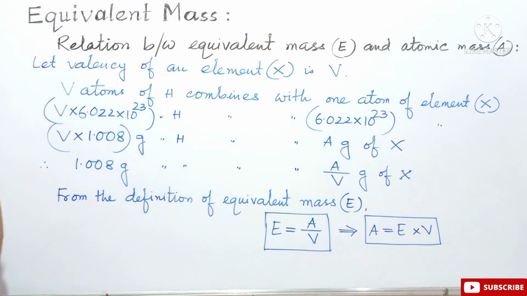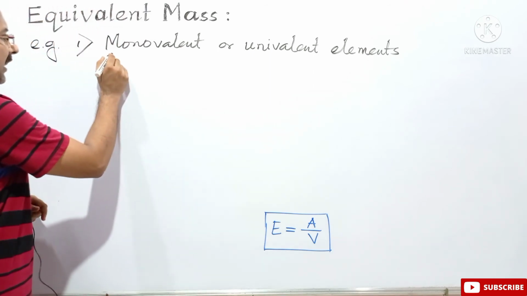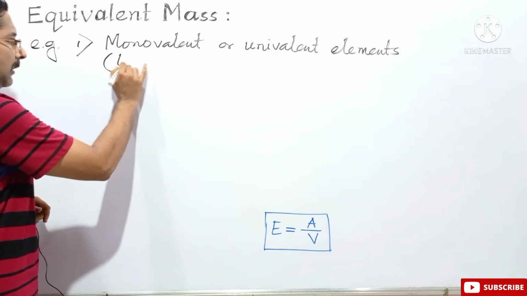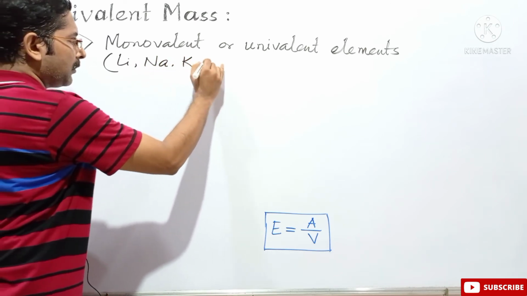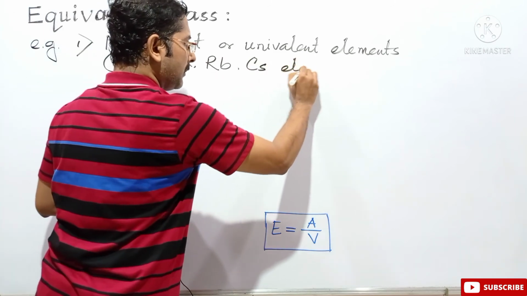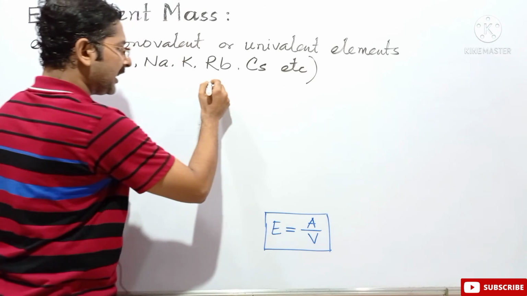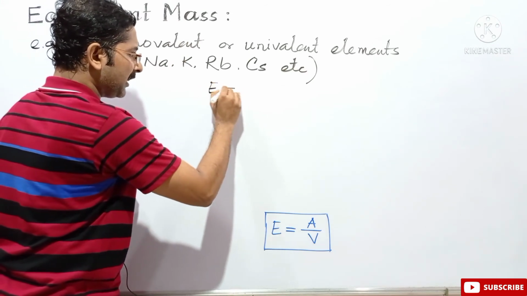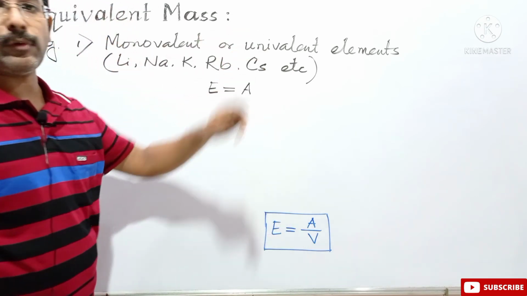Let's see some examples. For monovalent or univalent elements like alkali metals, lithium, sodium, potassium, rubidium, cesium, etc., we can write equivalent mass equal to atomic mass, because the valency of these elements is 1.